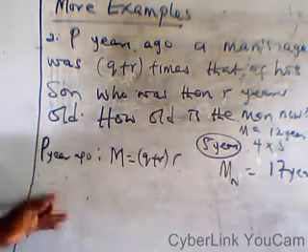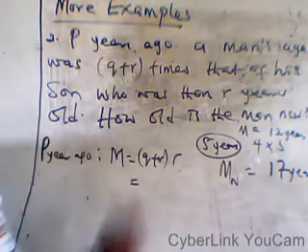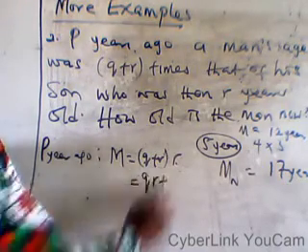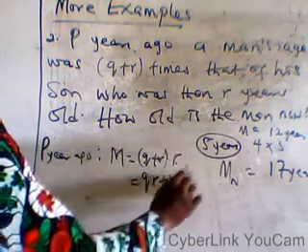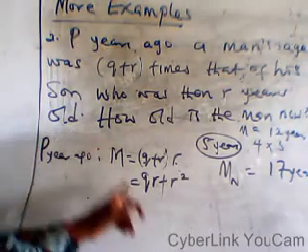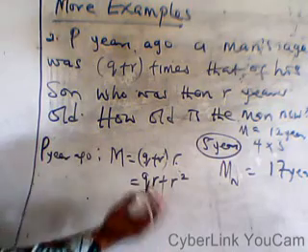So it means that P years ago, the man was R times Q, or Q times R, that is QR plus R times R, R squared. So P years ago, a man was QR plus R squared.